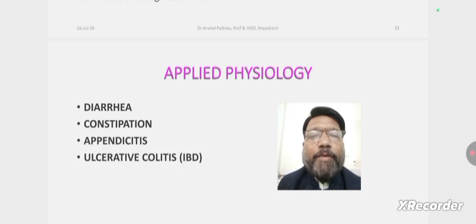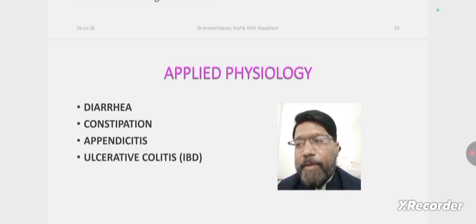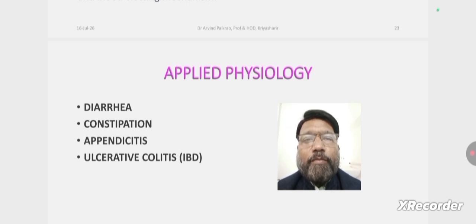Diarrhea is loose motion. If the frequency of loose motion is more than 2-3 per day, or up to 8, it is diarrhea.